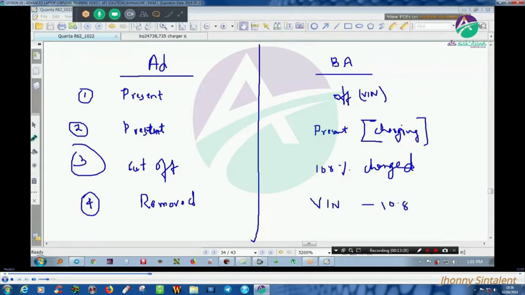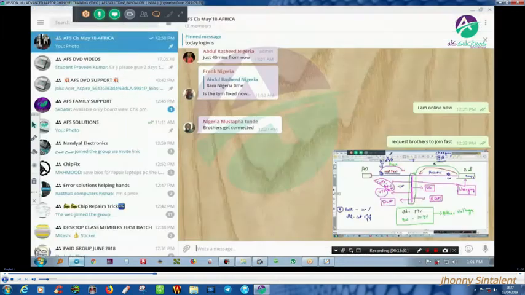When the adapter is present, you will have V in voltage from the adapter, that is 19 volts, correct? So these are the basic principles of the voltage chart, correct? Yes, sir. Very good.